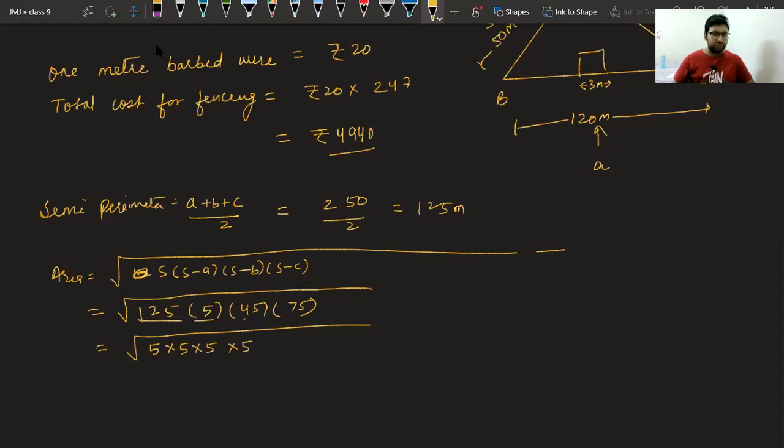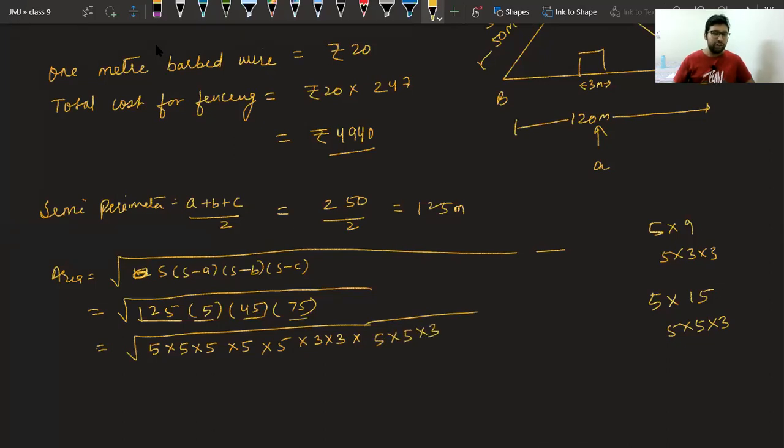Then we have 45. 45 is actually 5 nines, and 5 nines can be written as 5 into 3 into 3. So into 5 into 3 into 3. This 75 can be written as, class, please check. 75 can be written as 5 into 5 into 3. Yes, Moksha, good beta. So 5 into 5 into 3.